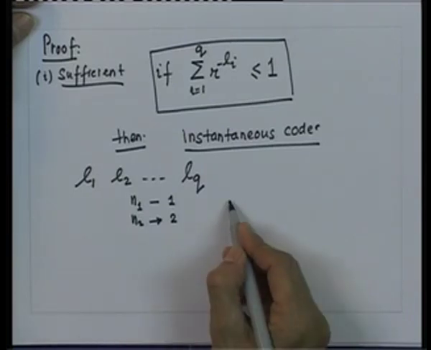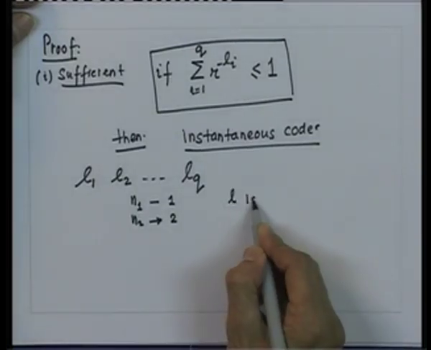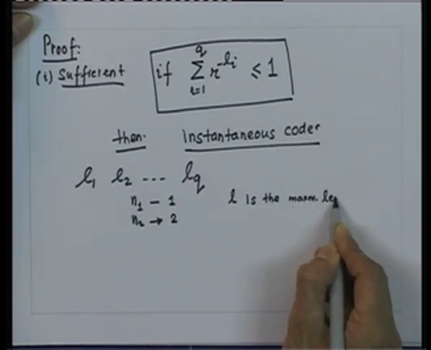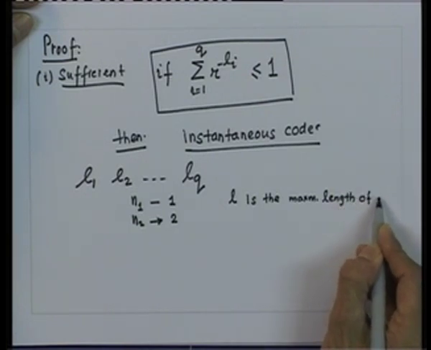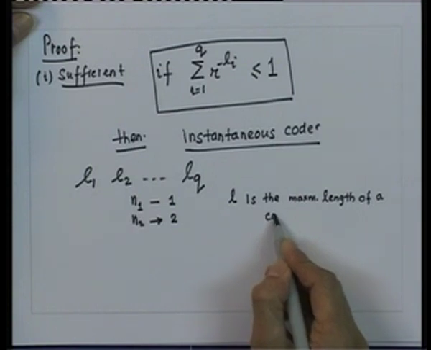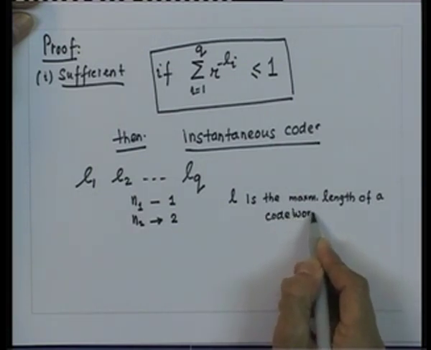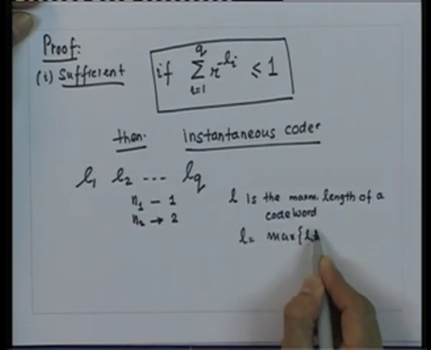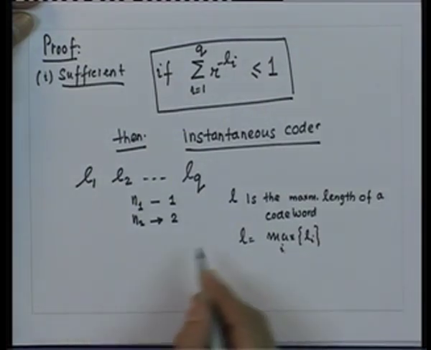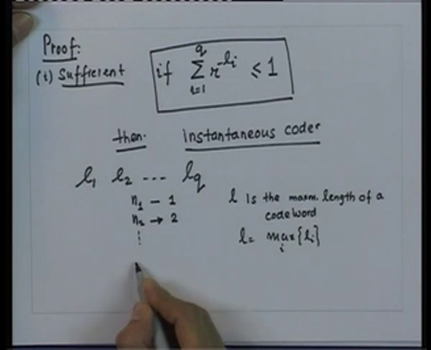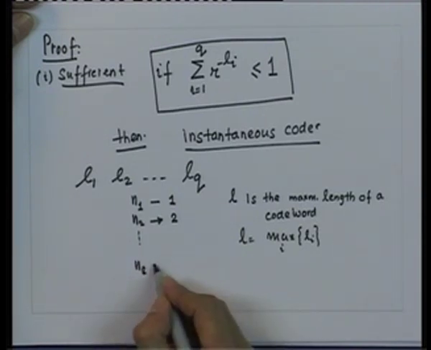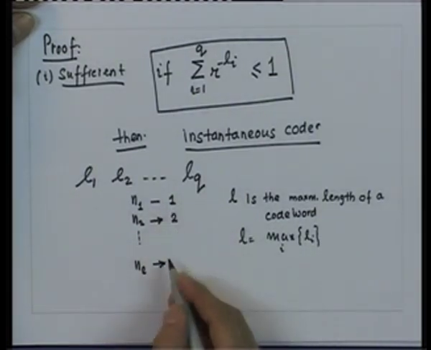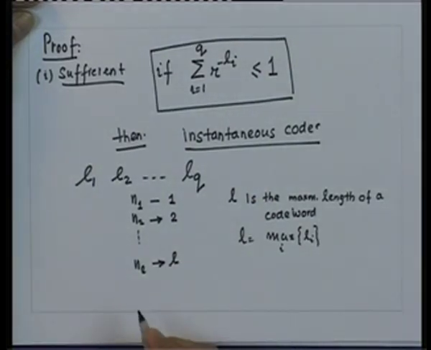Now, let me assume that L is the maximum length of a code word. So, L is the maximum of Li. If I assume this, then let me assume that NL corresponds to the number of code words of maximum length L.